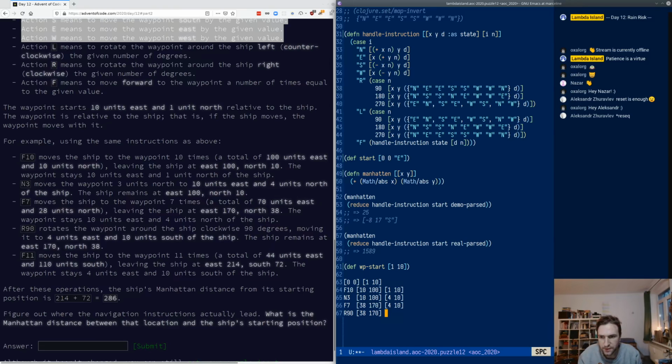Is that right? The waypoint rotates clockwise, moving it to 4 units east and 10 units south of the ship. 10 units south, so that's minus 10, 4 units east. Okay, I think we got this.